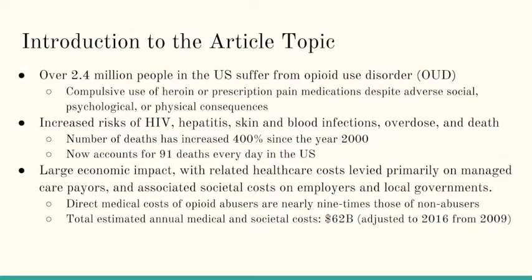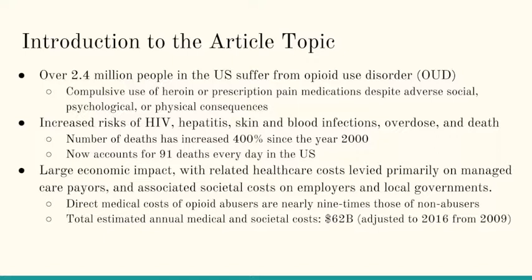We'll start off with a brief introduction to the topic of the article, which is opioid use disorders, abbreviated OUD. Over 2.4 million people in the U.S. suffer from OUD, which is defined as the compulsive use of heroin or prescription pain medications despite adverse social, psychological, or physical consequences.